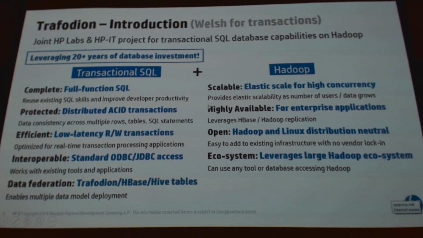Also, if you have data in key-value stores like HDFS, you can have Hive tables specified, and we go to the Hive catalog and pick them up. So in a single query, you can join Hive tables and HBase tables and Trafodion tables. Depending on whether you want more structure, semi-structure, or completely unstructured, you essentially get federation of all of that.